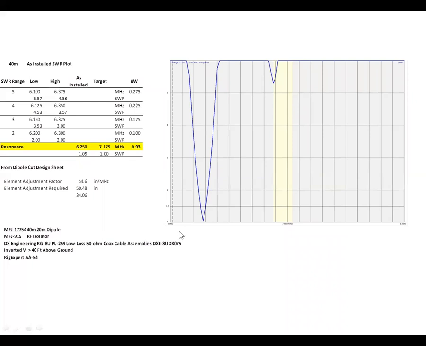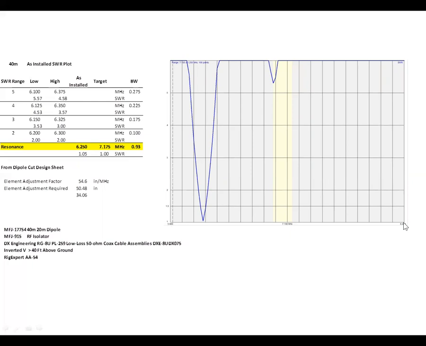And the way this works is, this is 5.9 megahertz, and there's 7.150. This is the 40-meter band, and then this is 8.4.